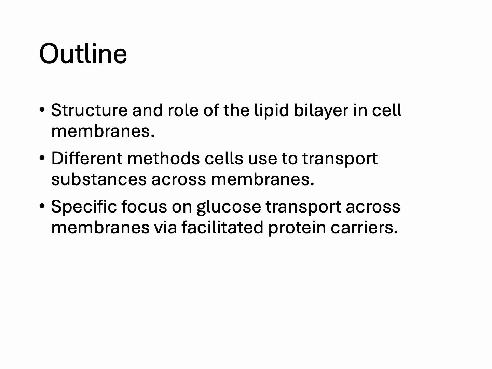The key topics covered in this part 2 include: number 1, the composition and function of the lipid bilayer within the cell membrane; 2, various cellular mechanisms responsible for moving substances across this membrane; and lastly, a detailed examination of how glucose is transported through membrane using facilitated protein carriers, which are glucose transporters.